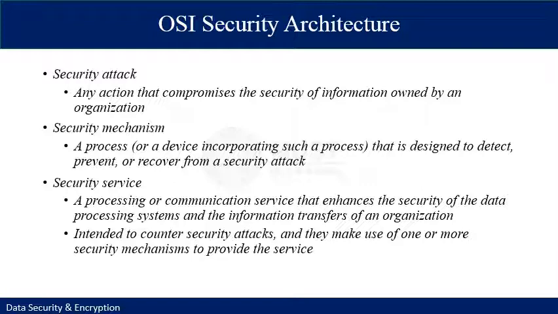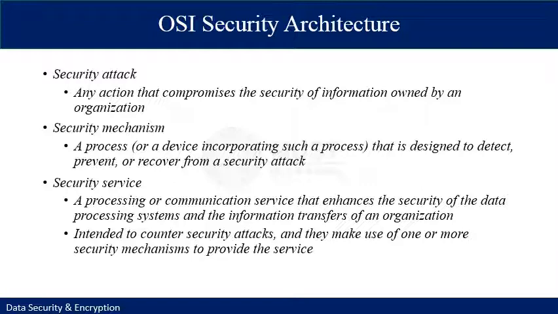The next topic was OSI security architecture. OSI security architecture can be used to assess the security needs of a system, and it also helps you evaluate various security policies and principles.